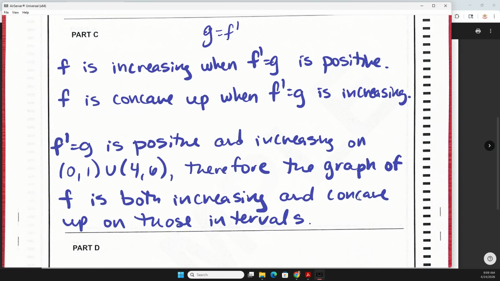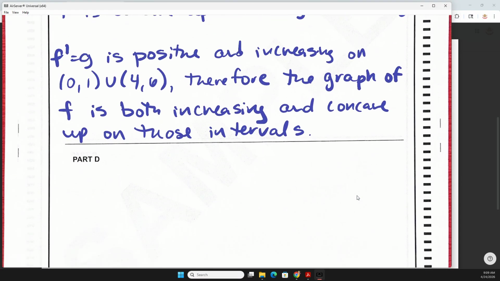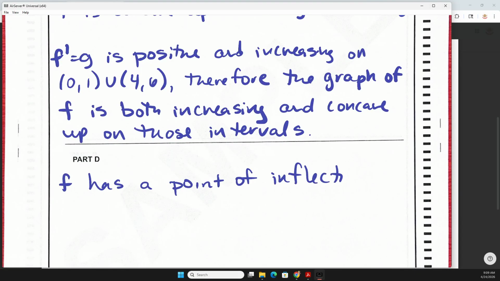All right, so here we go. So I would just say, answer the question: f has a point of inflection when f prime, which is g, has relative extrema.